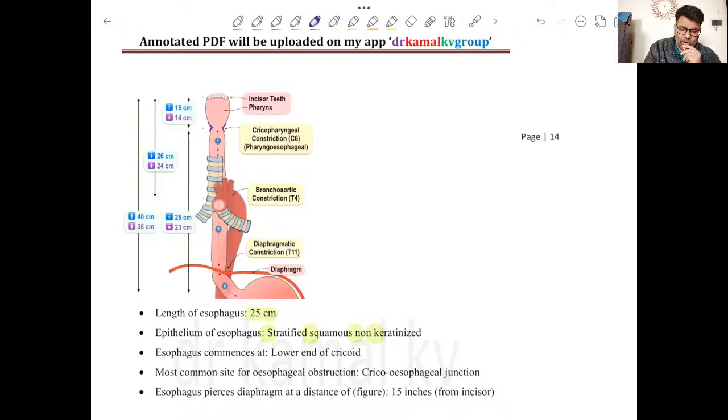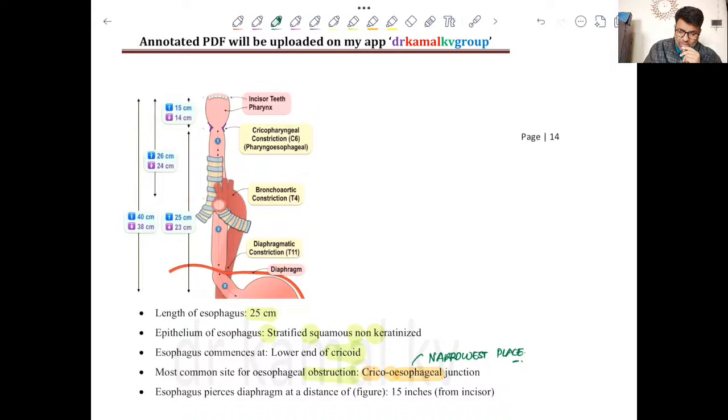This happens to be the common site for esophageal obstruction or foreign body impaction, because that is the narrowest site. So cricoesophageal junction is the narrowest site in esophagus.